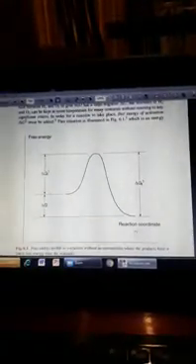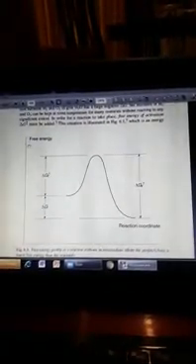For example, see this figure. Here are two coordinates, the x-axis and the y-axis. Energy increases from 0 upward on the y-axis, and the reactants are converting from left to right into the products.